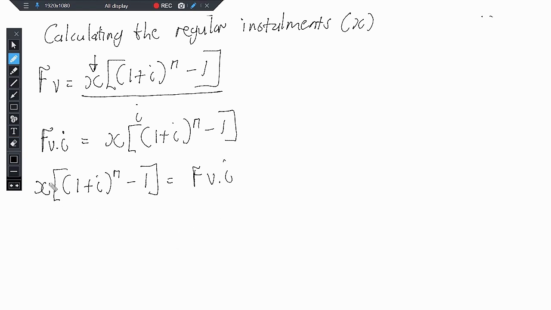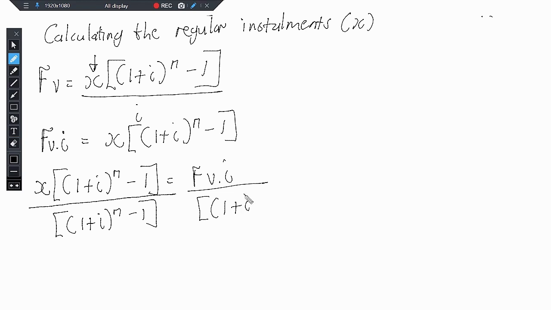Now remember, I want X to be isolated on the left-hand side. So what do we do? Divide both sides by this. And what I do on the left-hand side, I also have to do on the right-hand side. It's the rule of maths. At this point, this here will divide out with that.